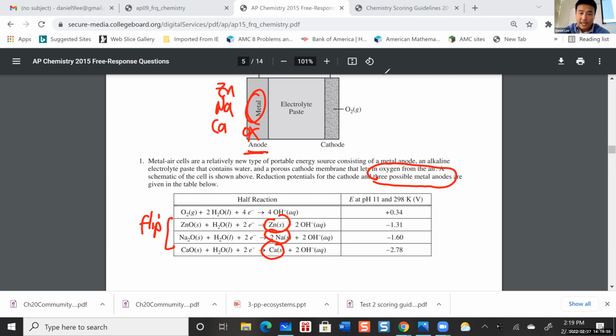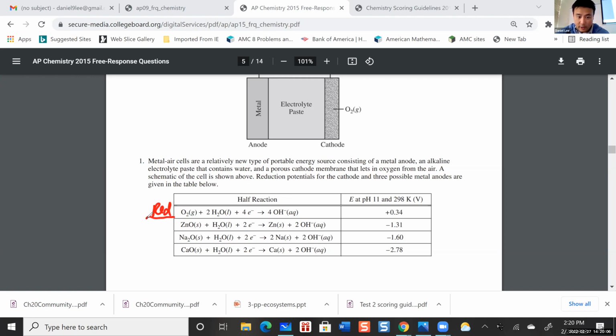So my only reduction is the first one, my reduction of oxygen, and when oxygen is reduced, you can see it becomes hydroxide. So there's one reduction right here, that's the only reduction, okay? In this reaction, oxygen is let in because you need it. You're actually reducing oxygen using electrons and it turns into hydroxide, yeah?